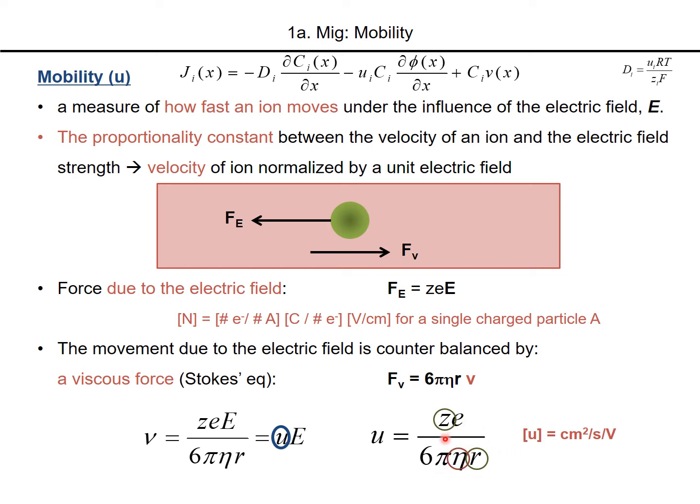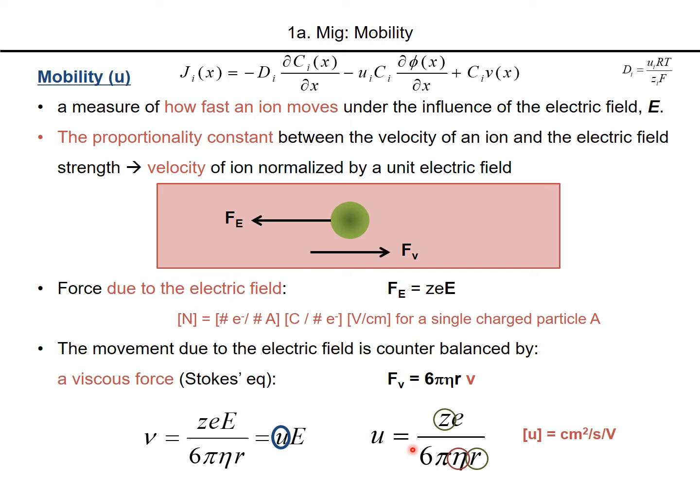If you have larger charges, you have higher mobility. If you have larger charged particles, it means you have a lower mobility. Also, if you have a very viscous media where you have the charged particle, then its mobility is going down. That is the mobility.